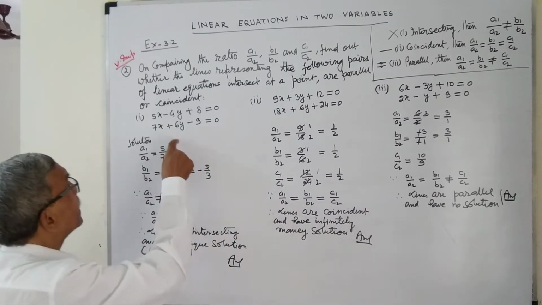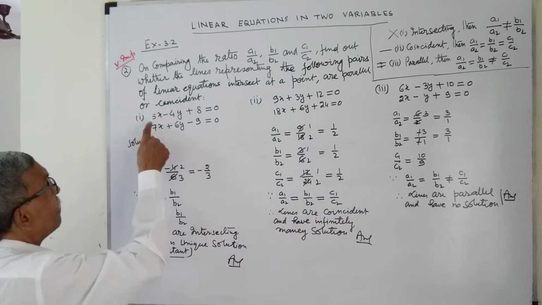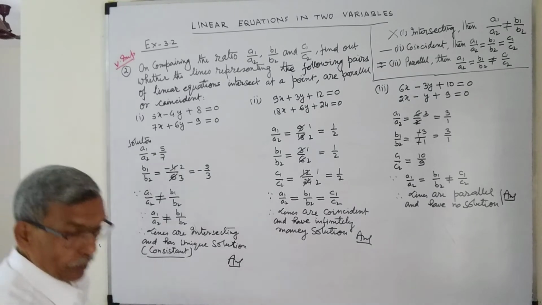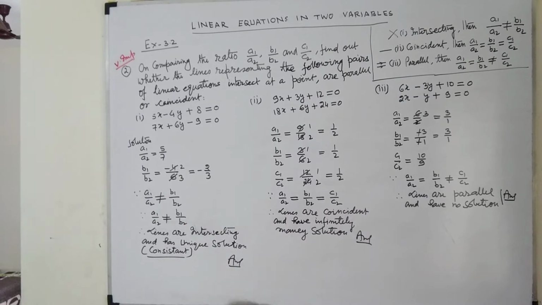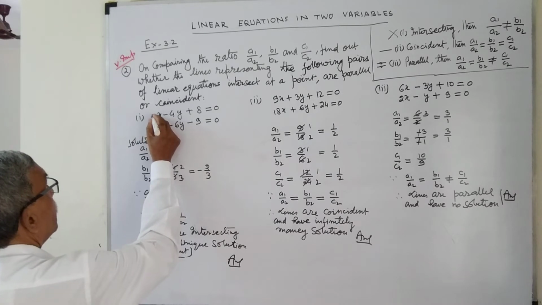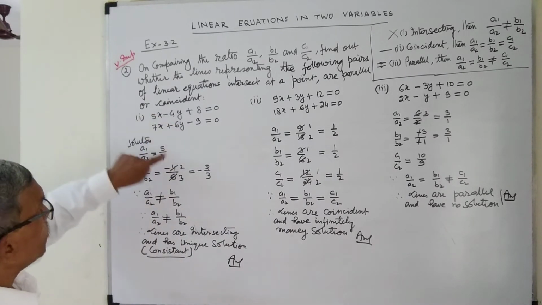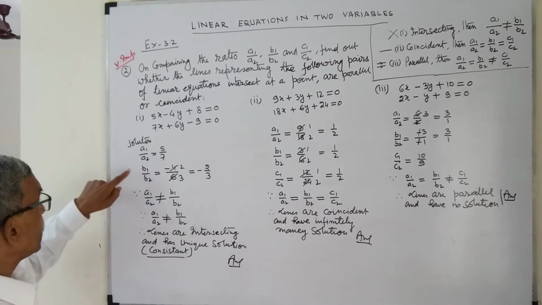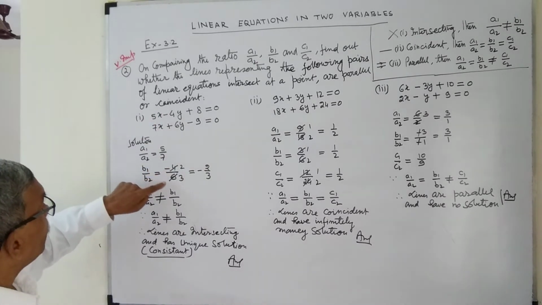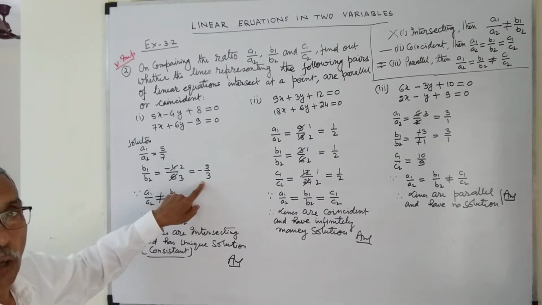So we are taking here, this is A1. A1 upon A2 is equal to 5 upon 7. And B1 upon B2 is minus 4 upon 6, so it is minus 2 upon 3.